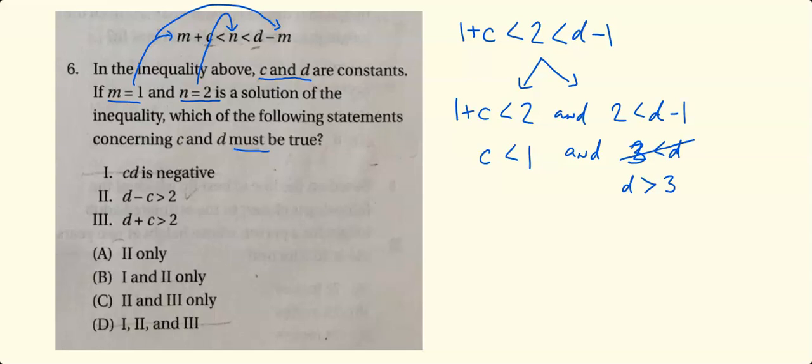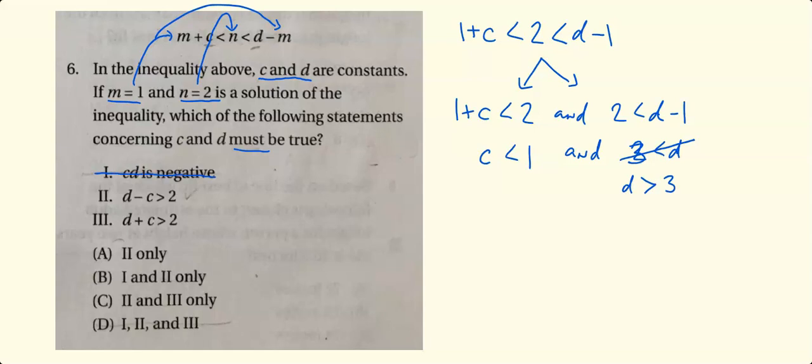Well, we know that D has to be positive, so in order for CD to be negative, C would have to be negative. C could be negative, but it might not be. It could be equal to 0, or it could be equal to 0.5. So 1 is not necessarily true. It's not a must-be-true situation.